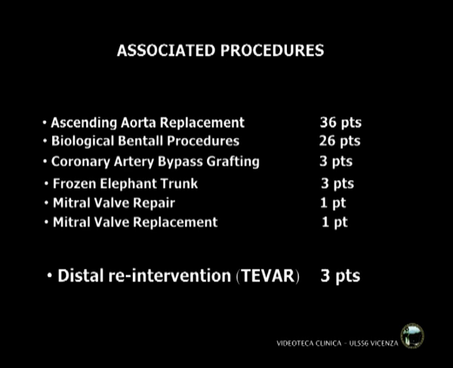Related procedures: ascending aortic replacement in 36 patients, biological Bentall procedure in 26 patients, coronary bypass grafting in 3 patients, the frozen elephant trunk in 3 patients, mitral valve repair in 1 patient, mitral valve replacement in 1 patient, distal reintervention procedure with endovascular TEVAR in 3 patients.